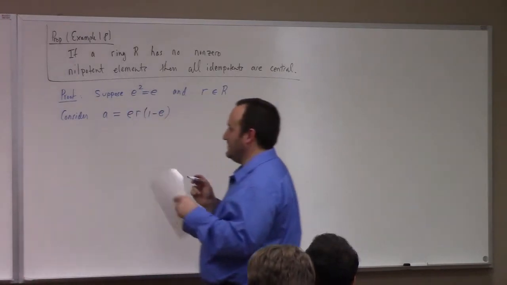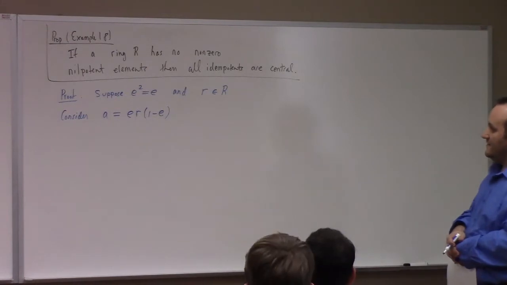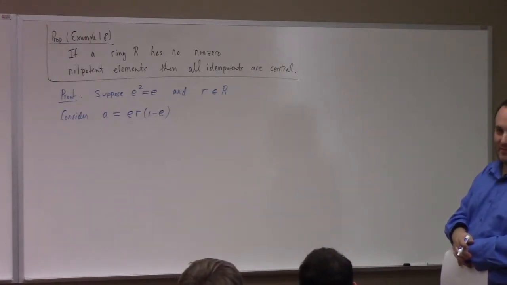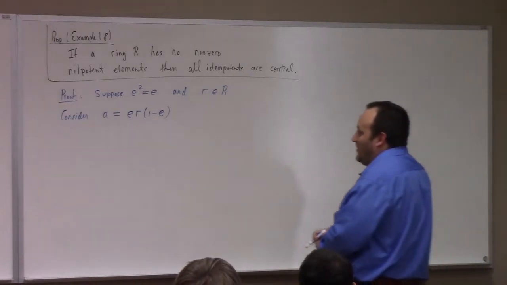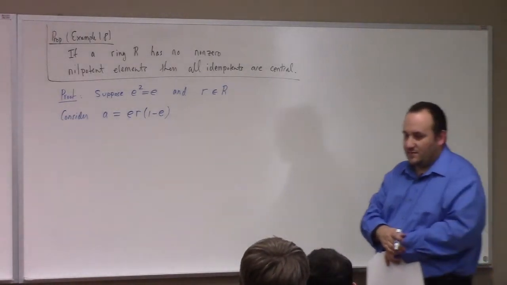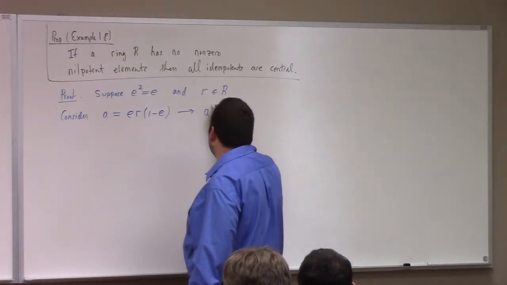Which is why, if I was doing this on my own, I would have a lot harder time with this probably. I don't know, maybe after you play with this for a while, it just becomes obvious this is what you should try. I'm not sure, but if you look at A squared, what do you get?